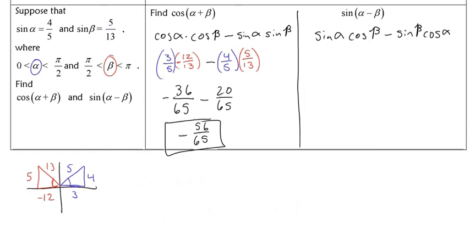Sine of alpha was 4/5. Cosine of beta is our negative 12/13, minus sine of beta, which is 5/13. Cosine of alpha is 3/5.